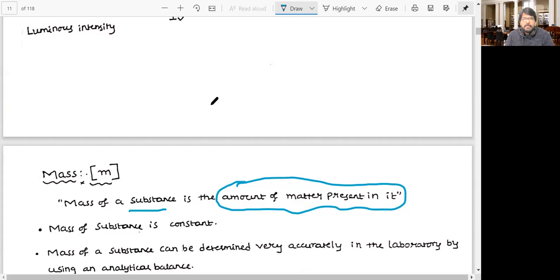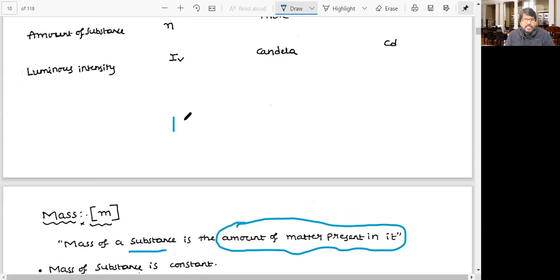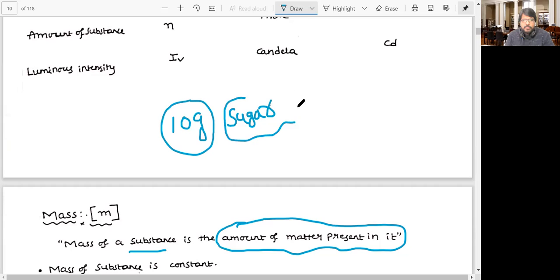For example, while taking one example, I said, what do we call 10 grams of sugar? Of course, when nothing is mentioned, we take table sugar, that is called sucrose. So 10 grams you are saying. So you are saying that this substance has how much amount of matter?